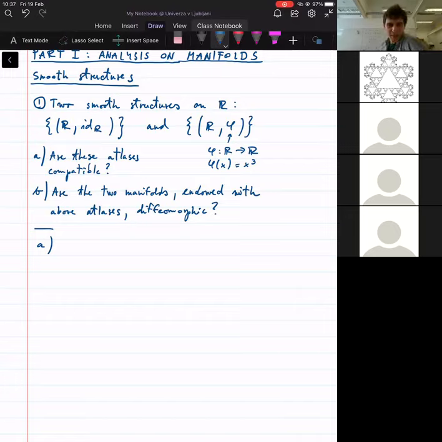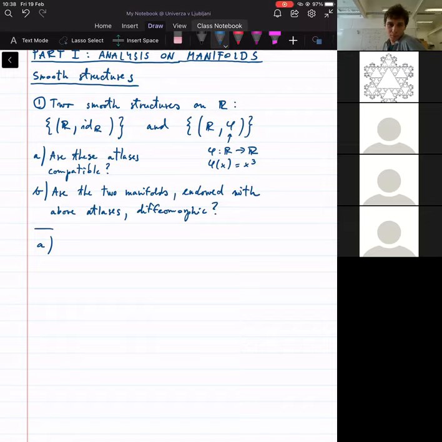What does it mean even for two atlases to be compatible? Maybe that they have a transition map between the two of them. Okay, yeah, this is not a very precise way of saying it, because transition maps are defined with respect to charts, right?